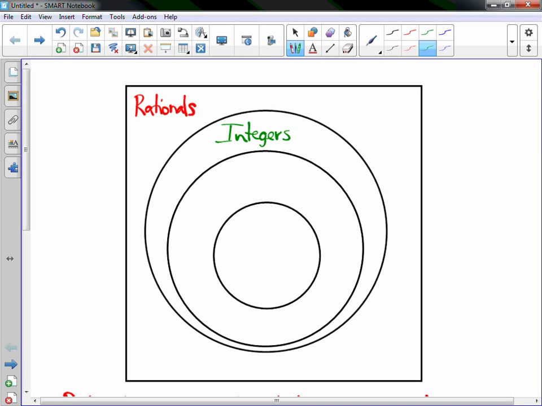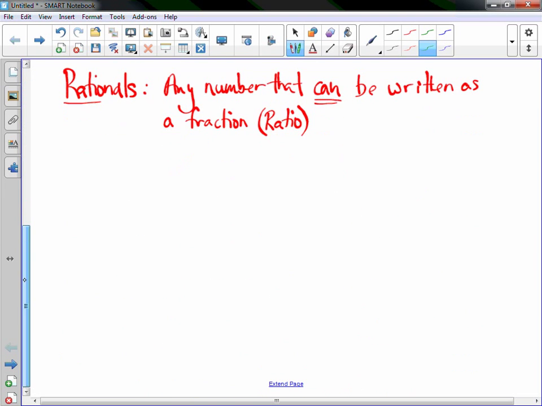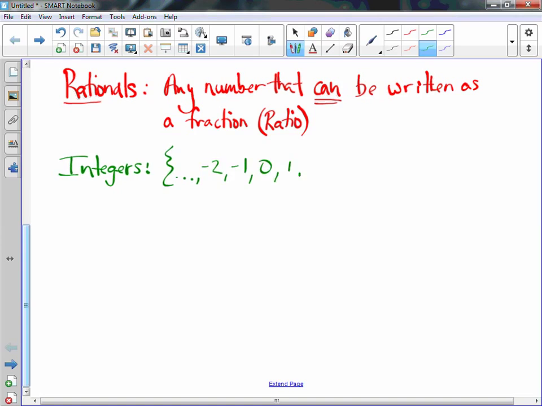This one is a little tougher to describe in words, so we'll describe it with a mathematical set. Integers are the set: we lead in with ellipses and then -2, -1, 0, 1, 2, and then end with ellipses.